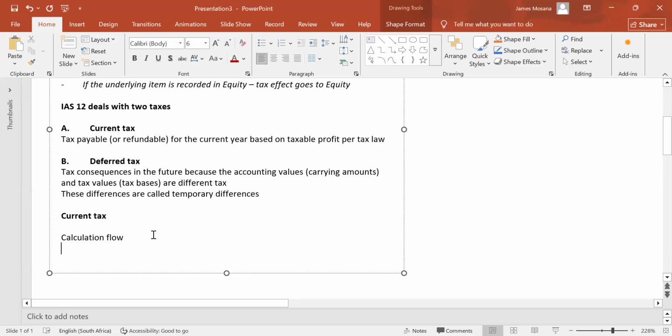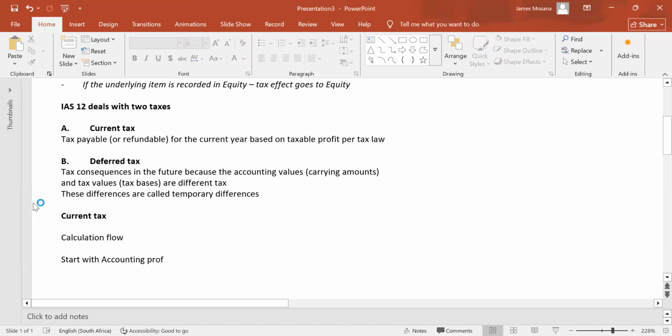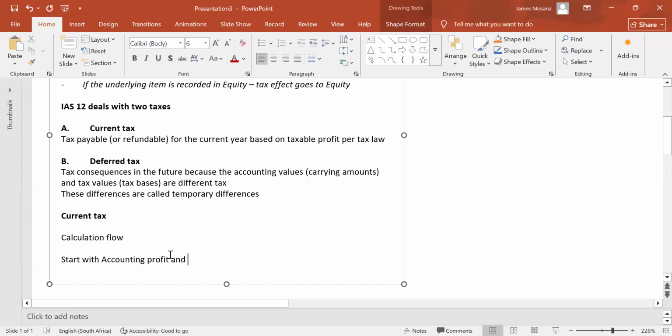What you're going to do is start with your accounting profit and adjust to get taxable profit.